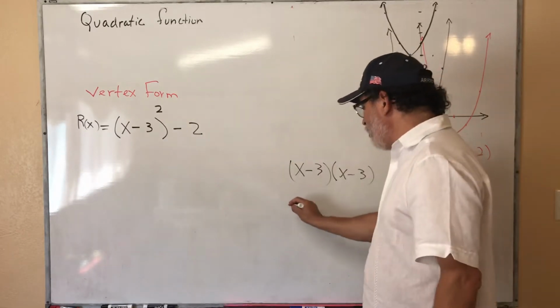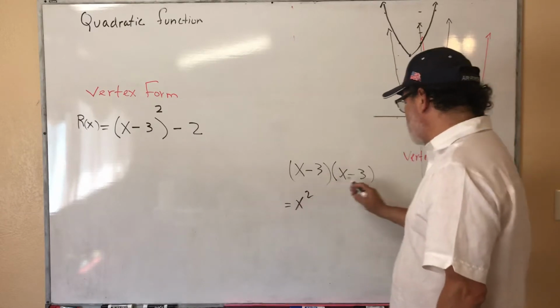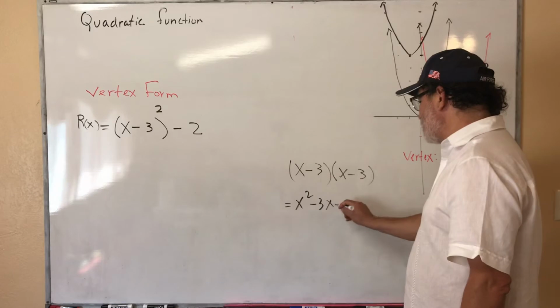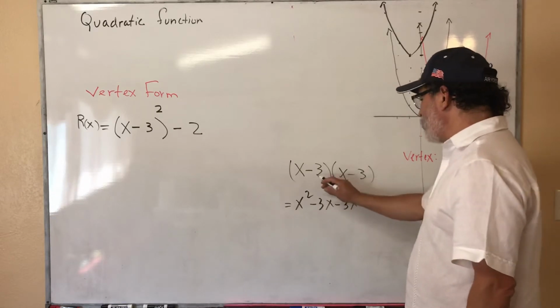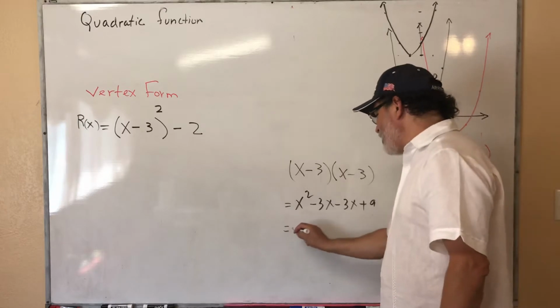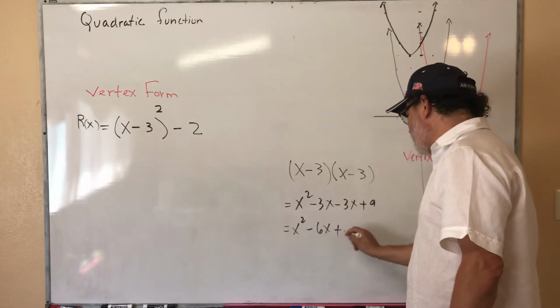When you FOIL, x times x is x squared, x times negative 3 is negative 3x, negative 3 times x is negative 3x, negative 3 times negative 3 is plus 9. And so therefore this is x squared minus 6x plus 9.